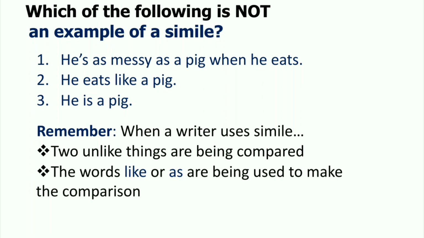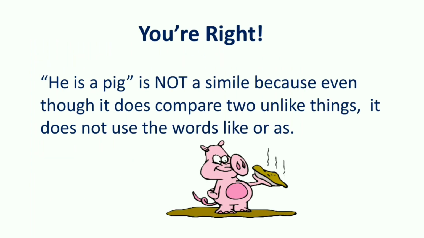In the first two sentences, the author used as and like. So these two are examples of simile. Whereas in the third sentence, he directly compared a boy with a pig. So you are right. He is a pig is not a simile because even though it does compare two unlike things, like or as words are not used.